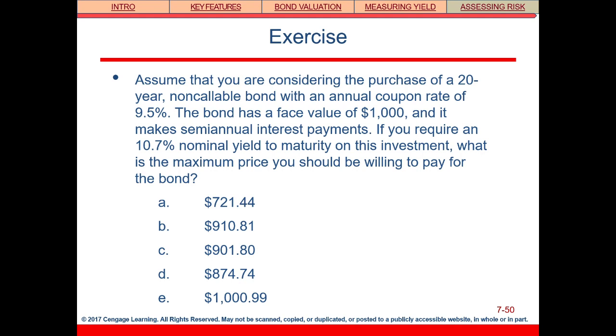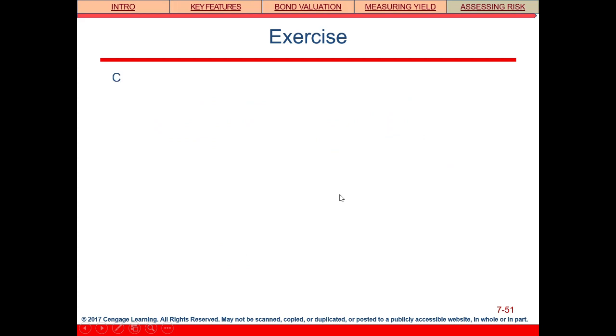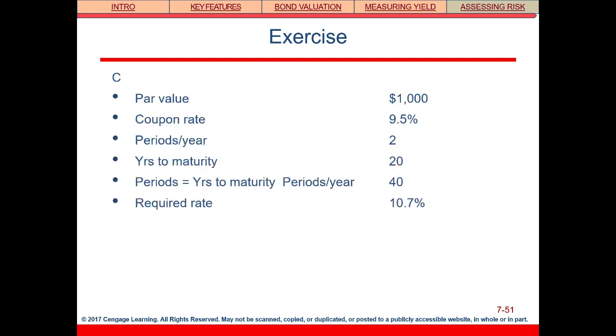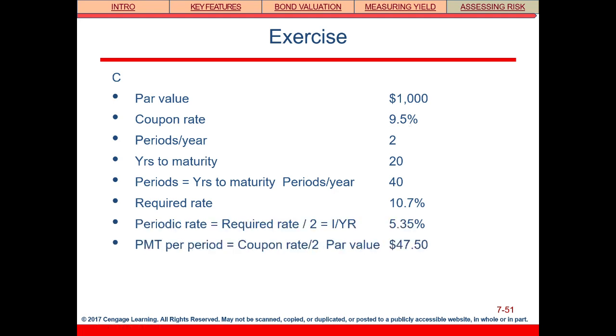So now we know everything about this bond, and we can calculate the price, right? The par value is $1,000. That's FV. Coupon interest rate is 9.5%. That means the payment per period should be the coupon rate times the par value divided by 2, so that's 47.5. The periods per year is 2, years to maturity is 20, therefore N should be 40.